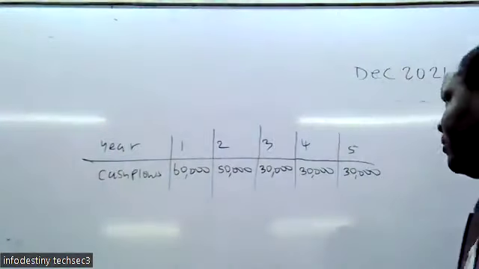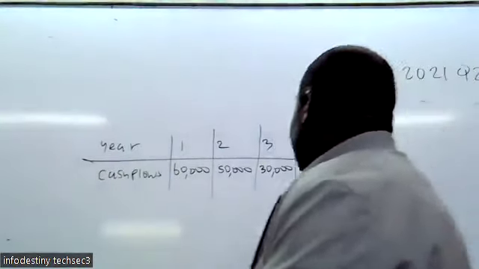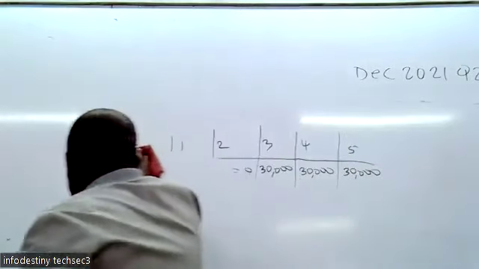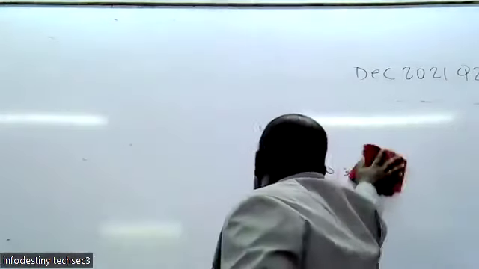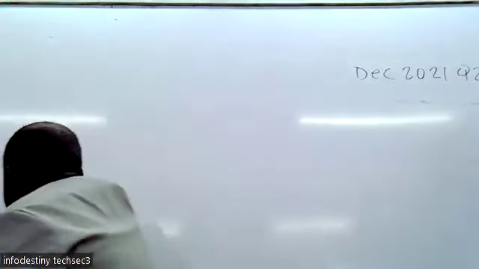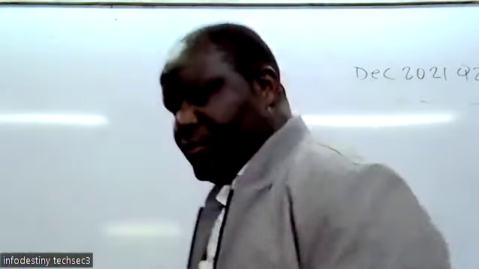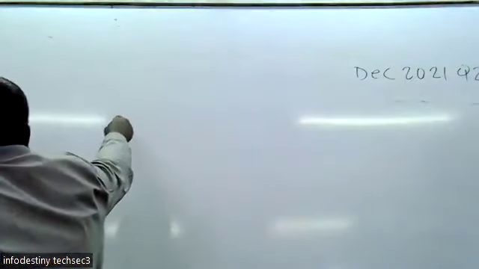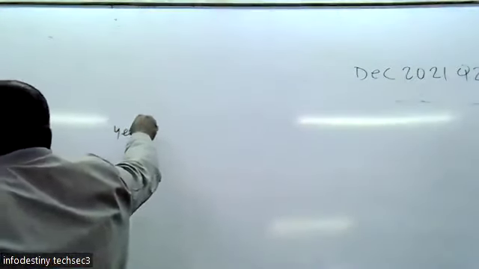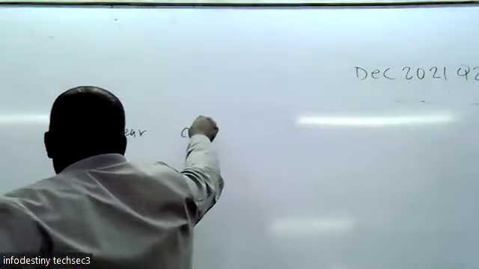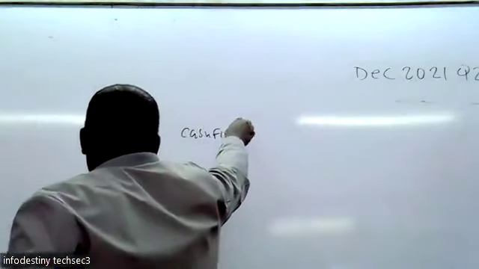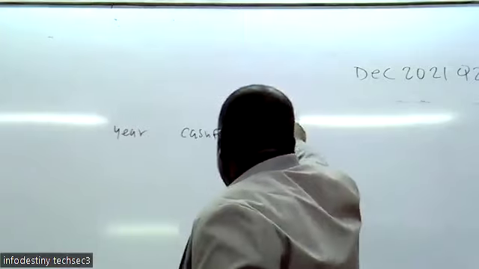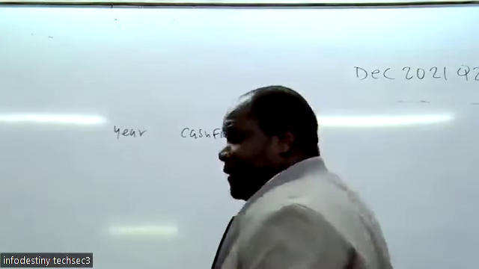So what we shall do for that part. What we need to do for this portion, we can present it this way. The year, then cash flows, then present value interest factor.